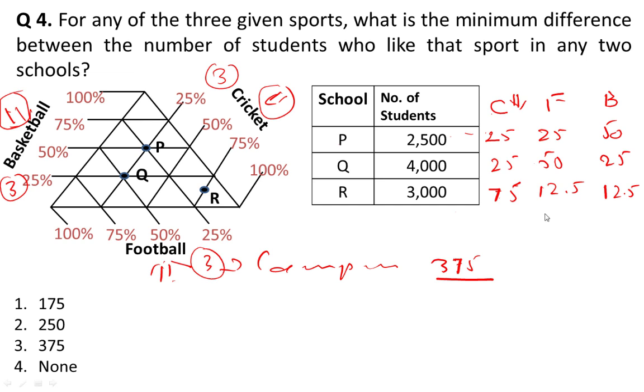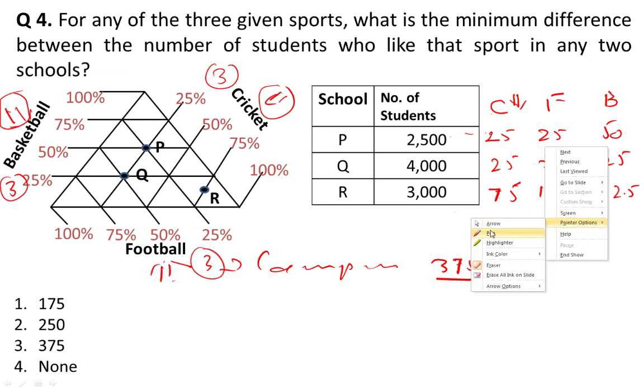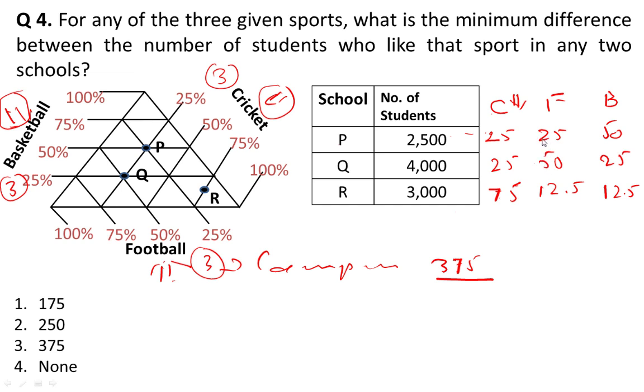Now come to football. Here P is 25%, Q 50%, R 12.5%. Now this 25% and 50%. If you observe this one, the Q base is higher than P, and this percentage, which is 50%, is just double of 25% here.